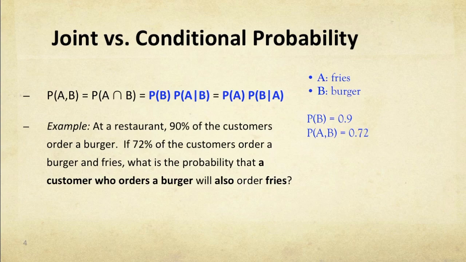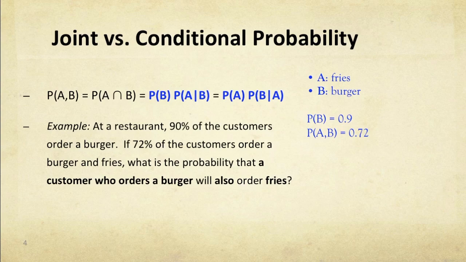Now the question is about the probability of ordering fries given the customer has already ordered a burger. So this is actually the conditional probability. You want to know how likely A, which is fries, will occur if B has already occurred, if burger has already been ordered. So this is essentially a conditional probability of P(A given B).